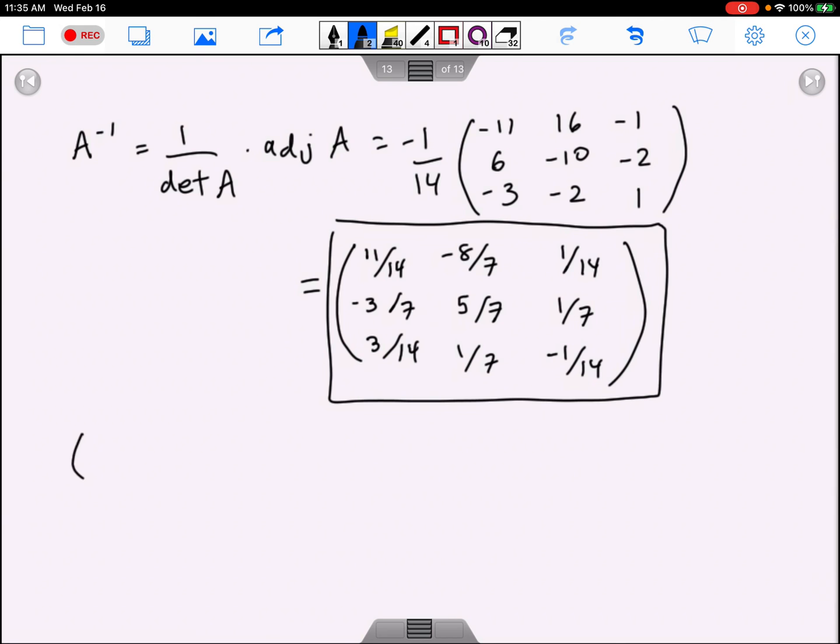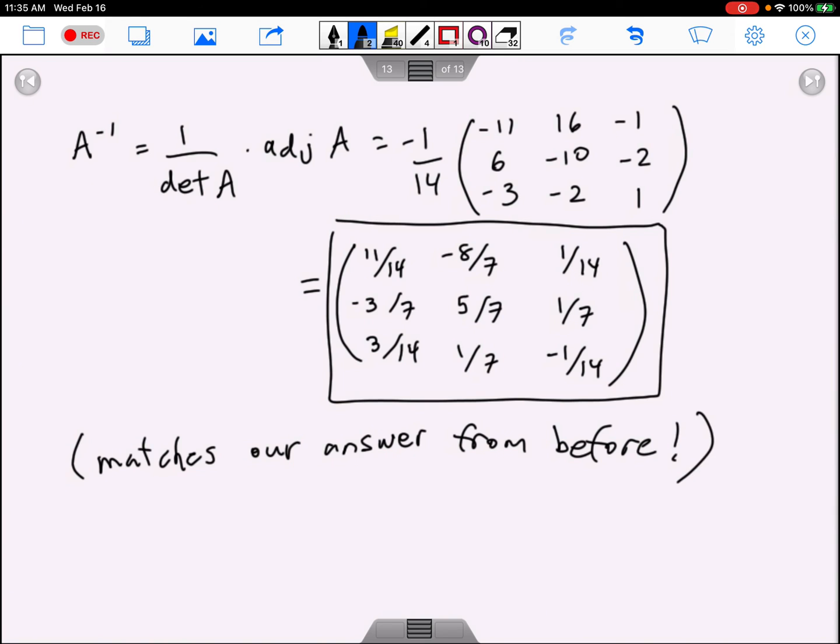And if you look back at our earlier example, I already checked this. This matches our answer from before, which is really nice. It's worth noting that the Gauss-Jordan method is definitely faster.